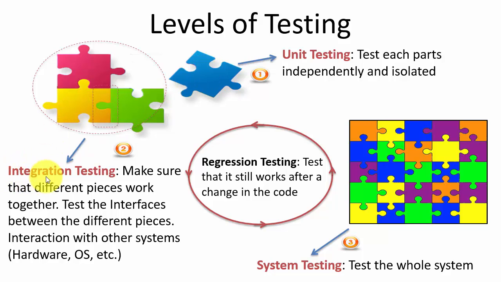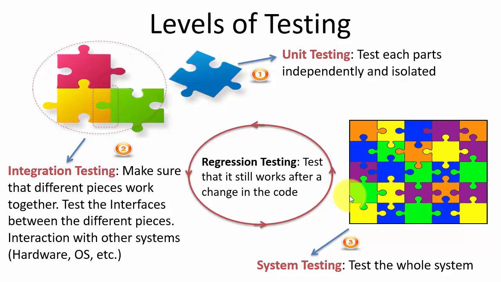And then we have integration testing, which makes sure the different pieces work together, and you need to test the interfaces between the different pieces and the interaction with other systems like hardware, operating system, etc. So you need to test how different pieces are working together. Then we have number 3, system testing. Then we need to test the whole system, in this case the whole puzzle, to see if everything works as expected.